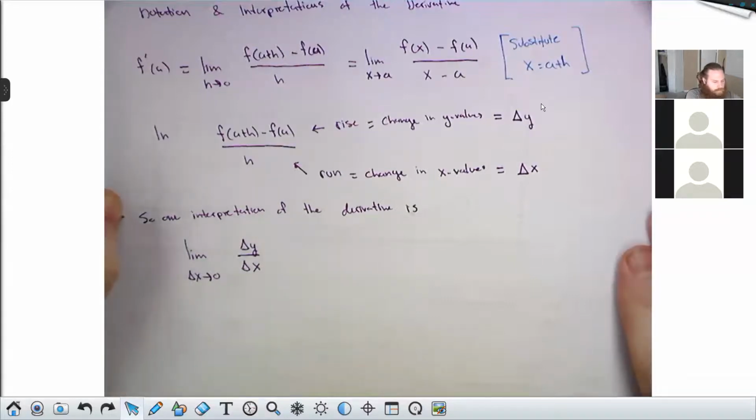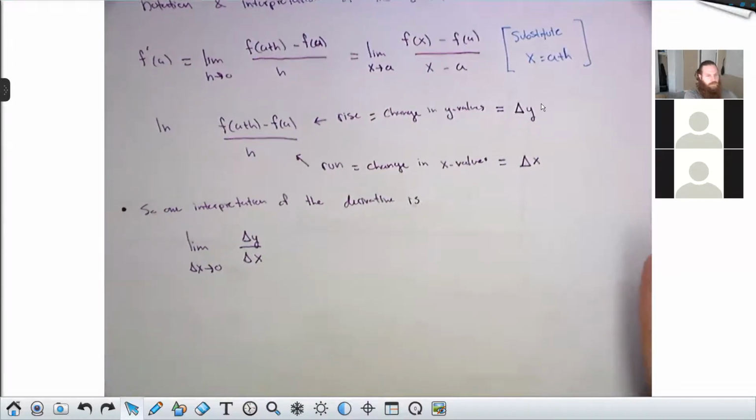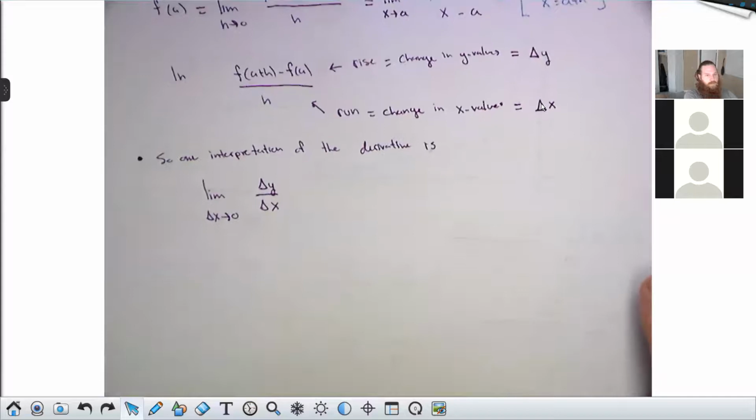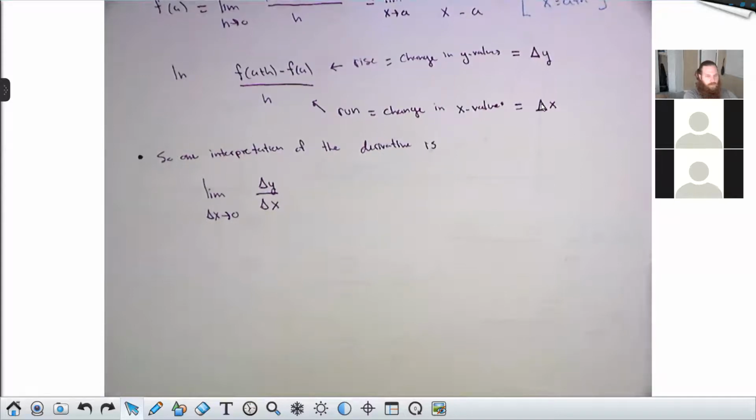All right, so we'll call this a bullet point. One interpretation of the derivative is lim delta x to 0, delta y over delta x.